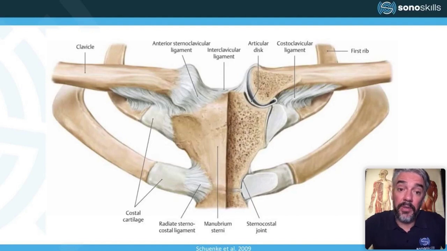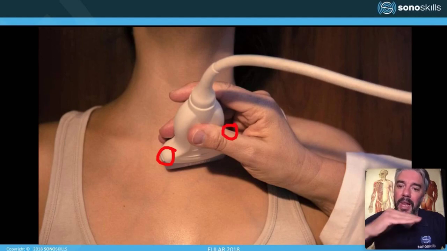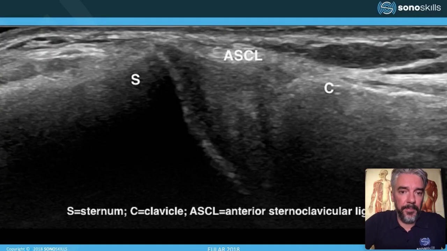The SC joint, of course, is between the manubrium and the clavicula, and we can see that this also has a synovial capsule, and it also has a disc. Placing the transducer like this, the central transducer tip a little bit distal and the lateral transducer tip a little bit proximal, so a little bit oblique, this is what we see.